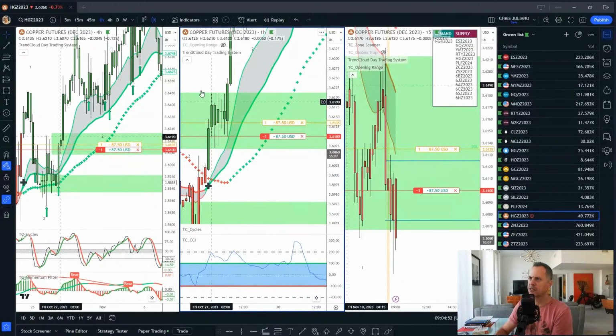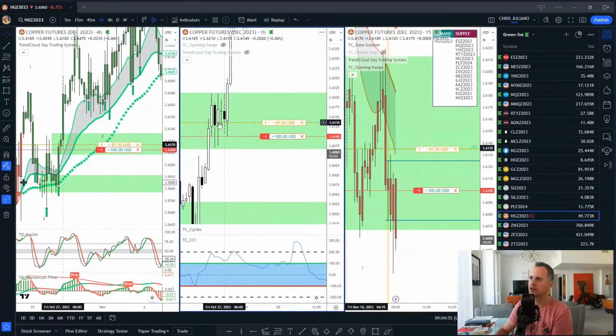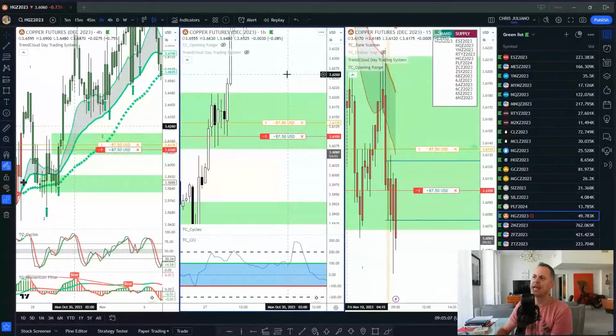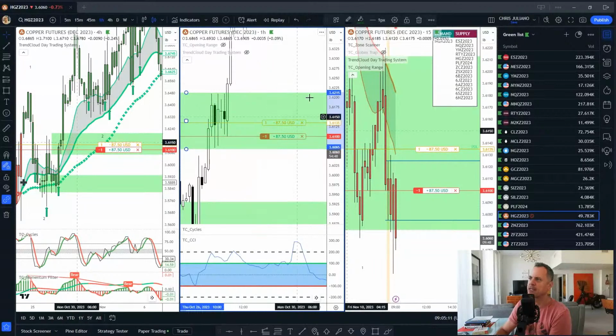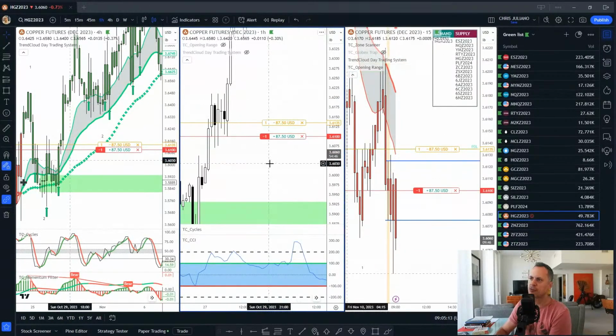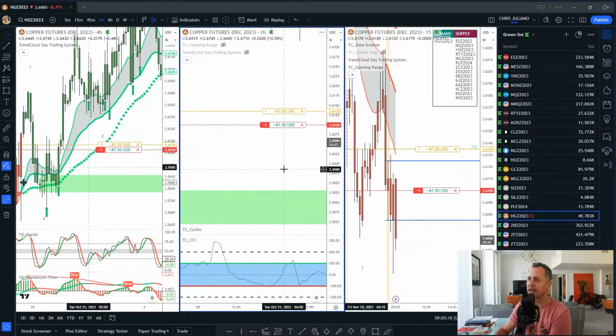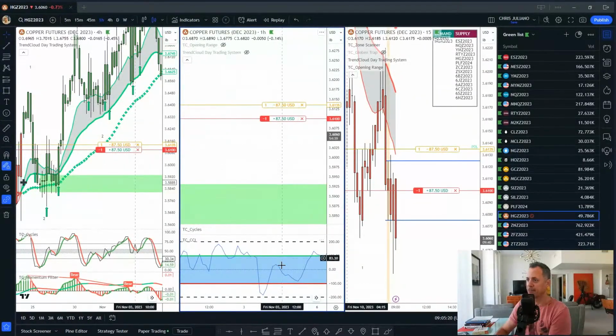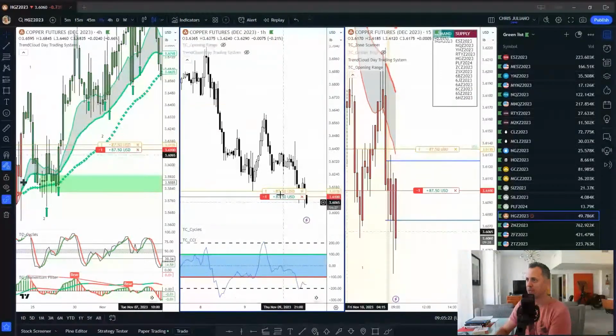You've got this rally, base, rally. That's 1, 2, 3, 4 basing candles on that 1-hour chart. And it ripped through that. So let's get rid of this. So we broke through a formation here that broke structure. That is very powerful.